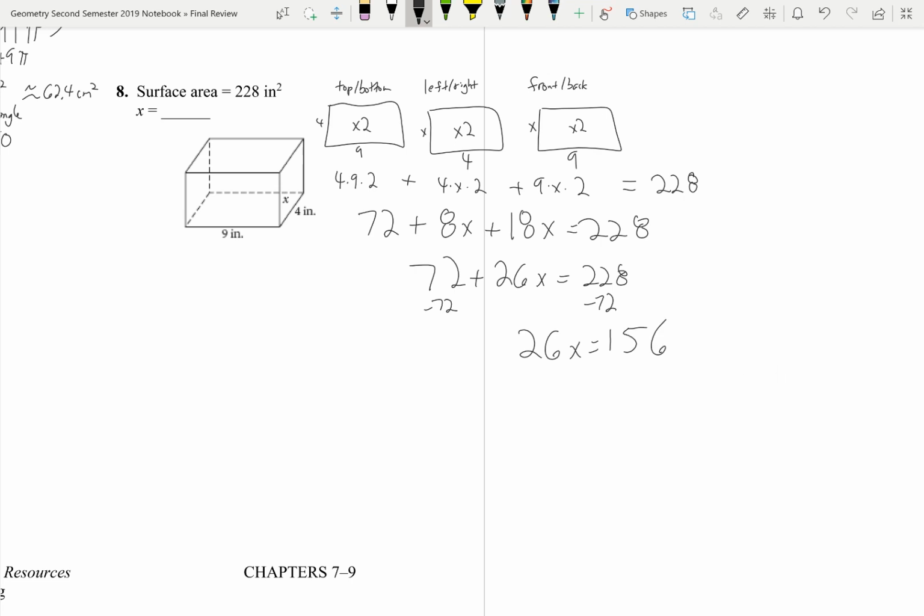All right, so now what are you going to do to solve for x? Divide both sides by 26. X will be 6. 6 inches.